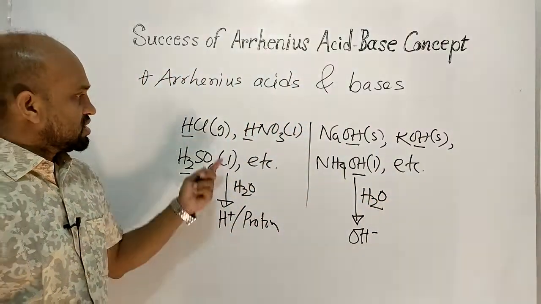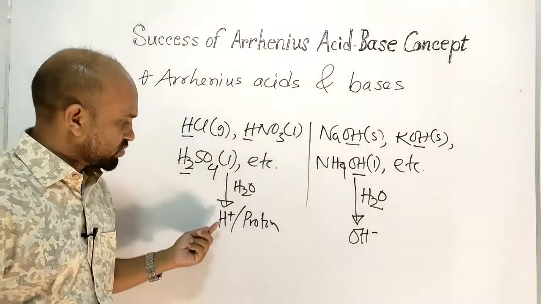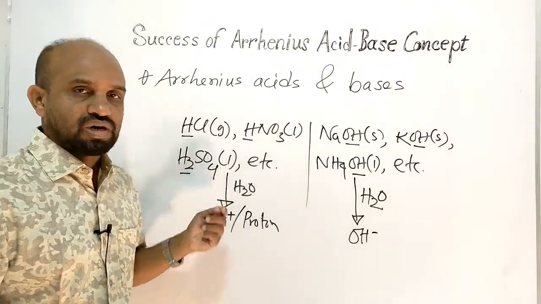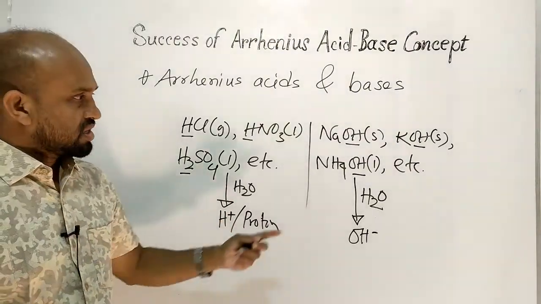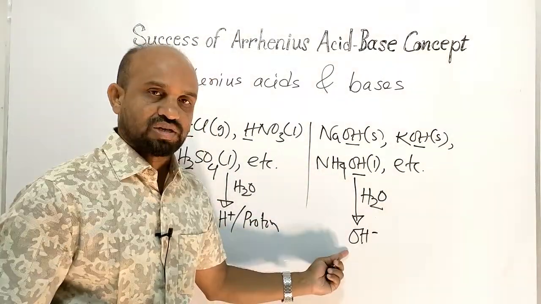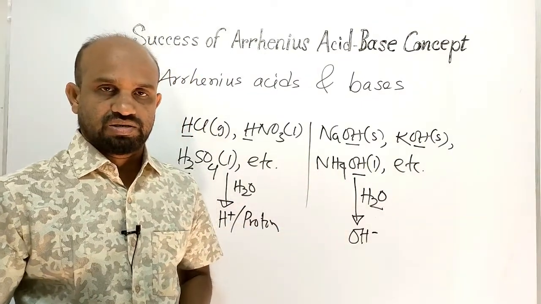So simply, those compounds that can produce hydrogen ion or proton in water are called Arrhenius acids, and the hydroxide compounds that can produce hydroxide ion in water are called Arrhenius bases.